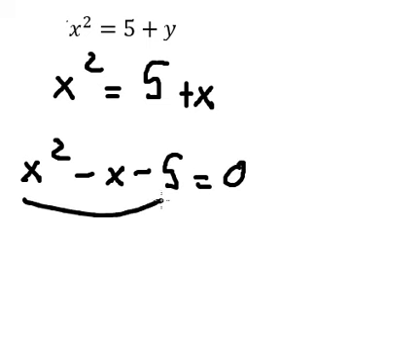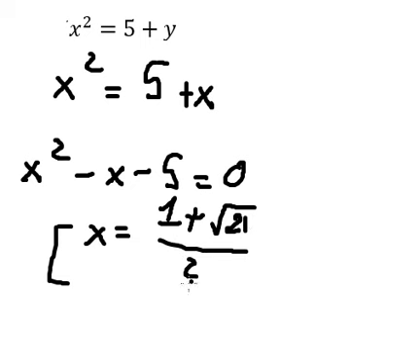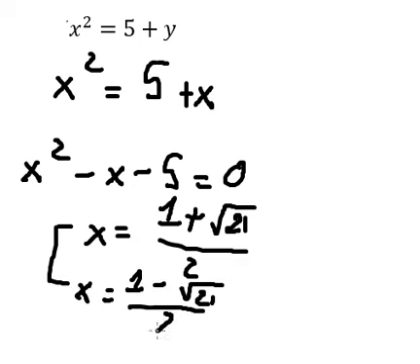So we need to find the solutions of this one. So x equals 1 plus the square root of 21 over 2, and x equals 1 minus the square root of 21 over 2.